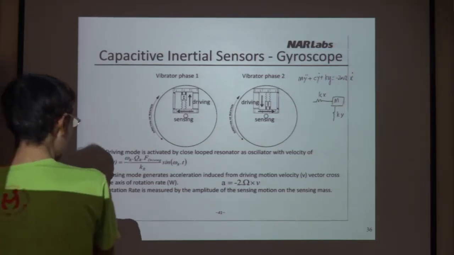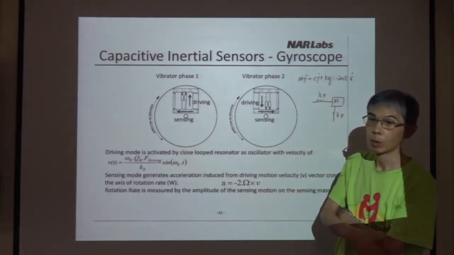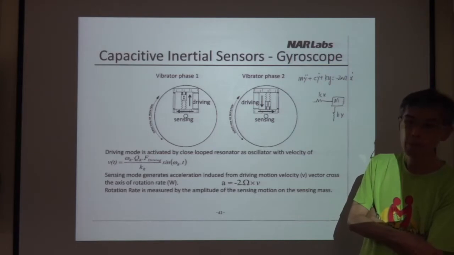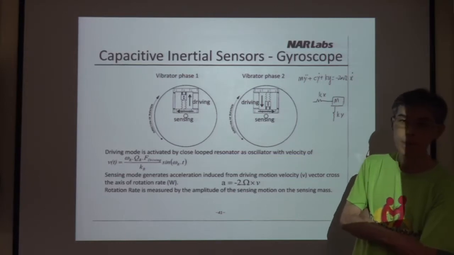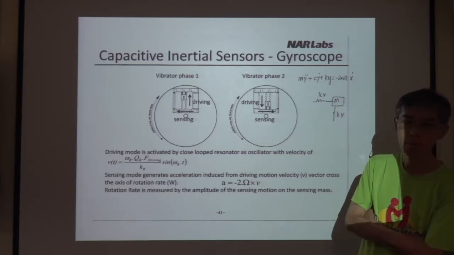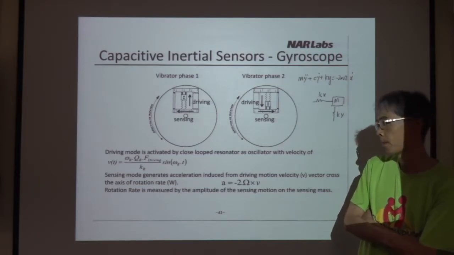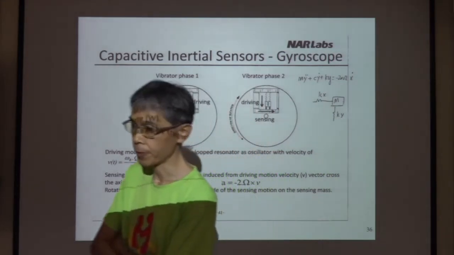Again: if we have a velocity of an object and apply an angular velocity to that object, the outer product is 2 omega cross V, velocity and angular velocity. So this is the curvature force.